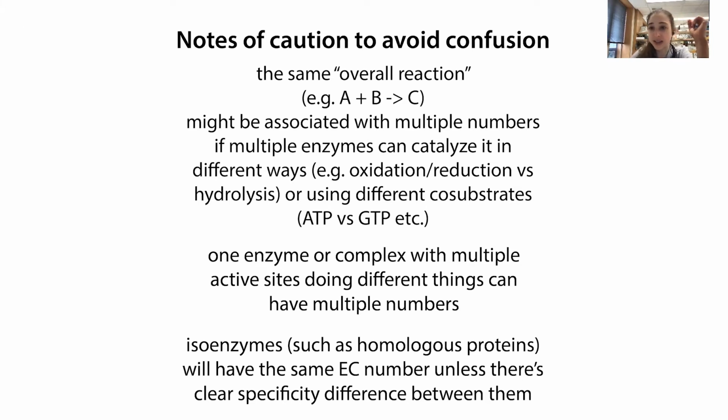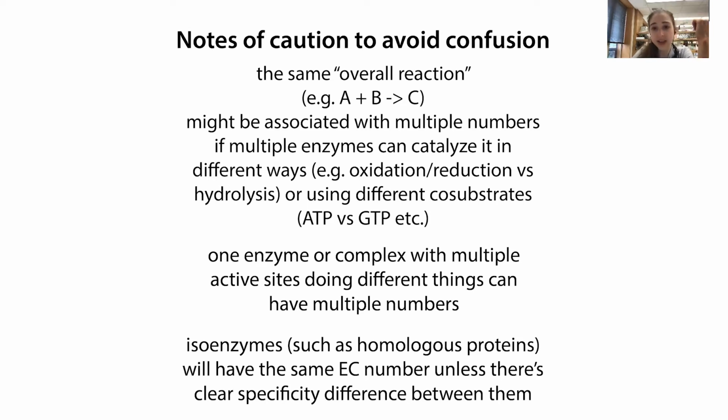You take 2 strands of DNA and stitch them together. But some DNA ligases, like the ones that we normally think of, use ATP to do this. Some use NAD+. There are other instances where some things use ATP, some use GTP, some might catalyze a reaction with oxidation or reduction. Others would do it with hydrolysis.